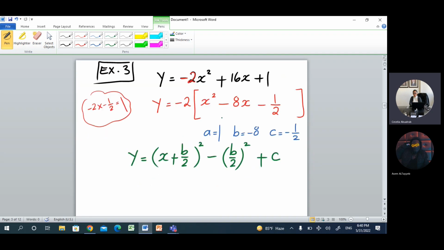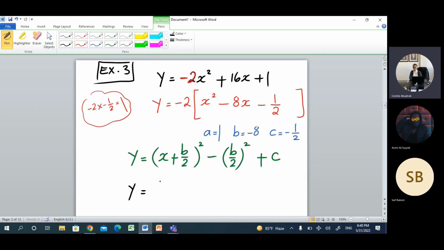Let's substitute the values of a, b, and c in the completed square form. And it will be y is equal to, don't forget the square, sorry. Don't forget the squarish bracket with the negative 2 out.